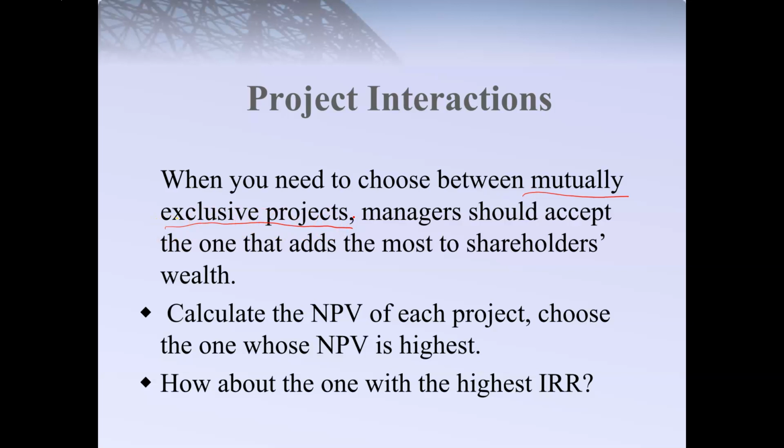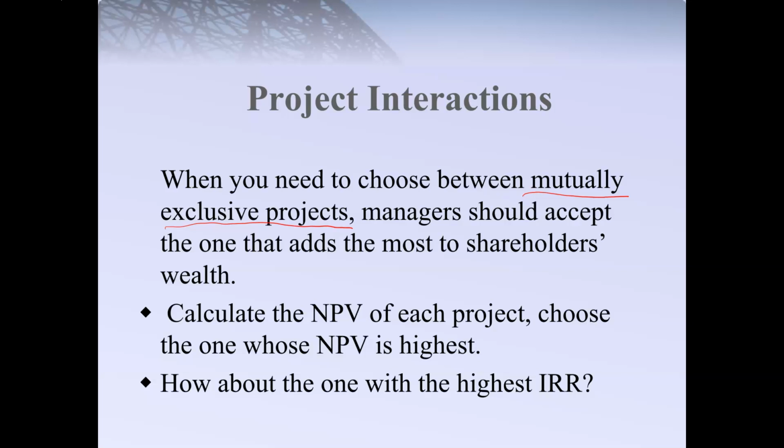So you have 2 competing ideas on how to use an existing resource. If you have a building that is empty now, and you have 2 different ideas on how to use that building, and once one of the ideas is initiated, obviously the other cannot be realized. That's an example of mutually exclusive projects.